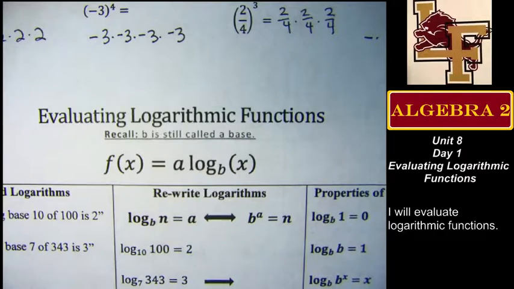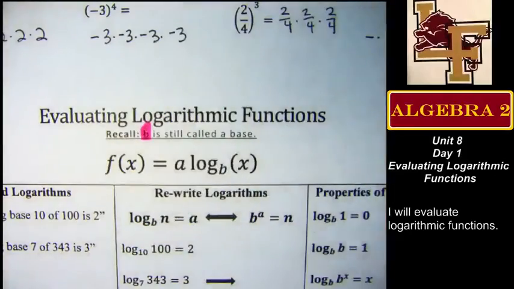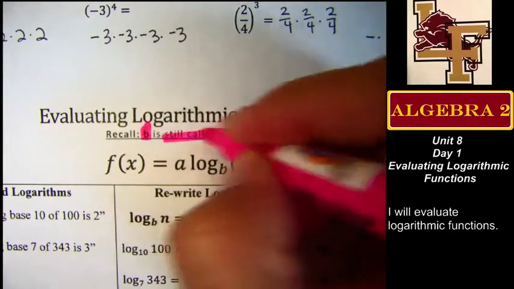And it started to grow, but really slowly. Remember that graph? We did just a little bit. The name of that inverse is the logarithm. So we're going to be doing the logarithmic functions. B is still called the base in this particular section.